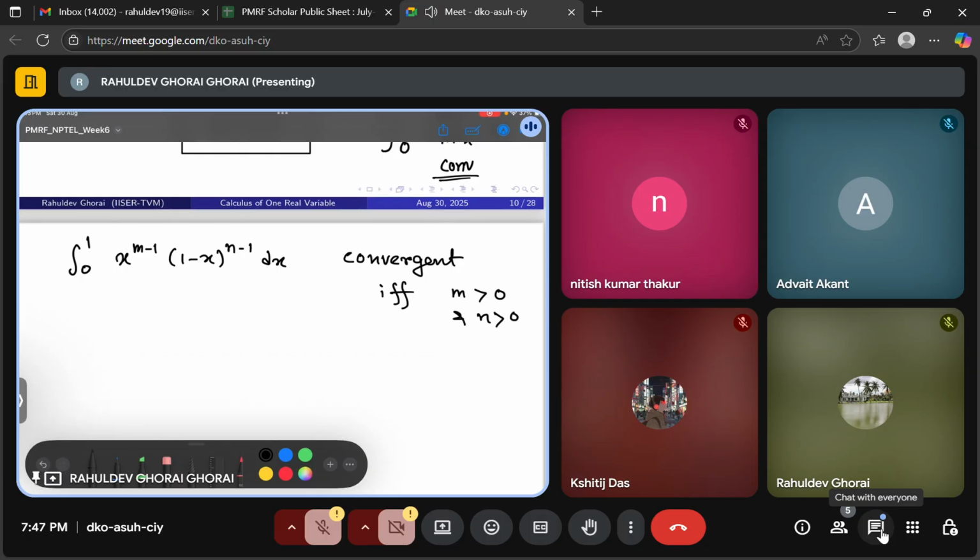Both are positive numbers. Anyone knows about this function? Any special name?